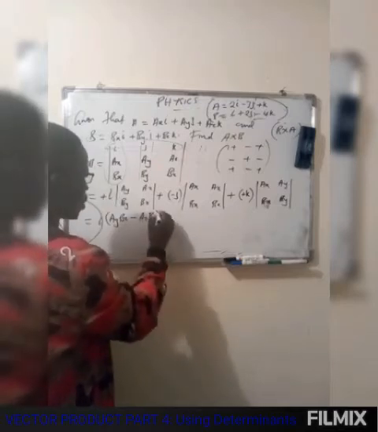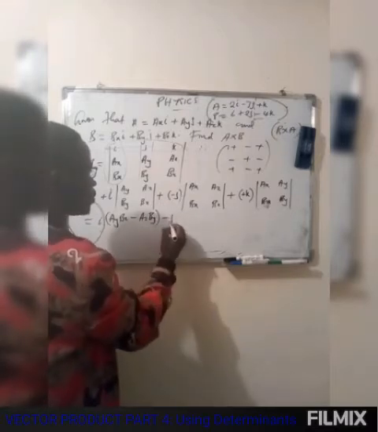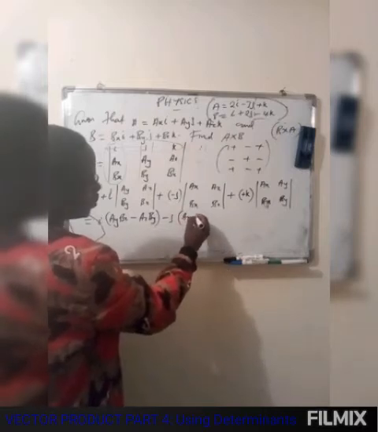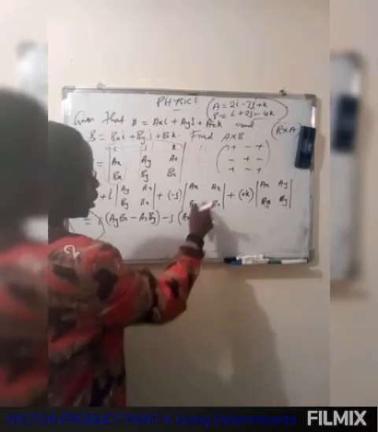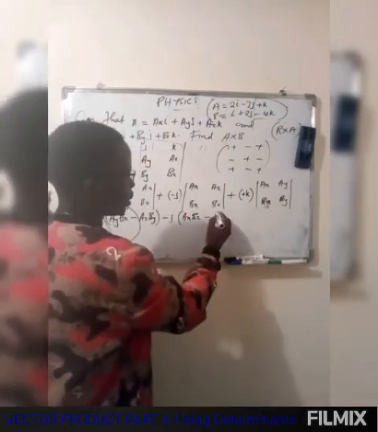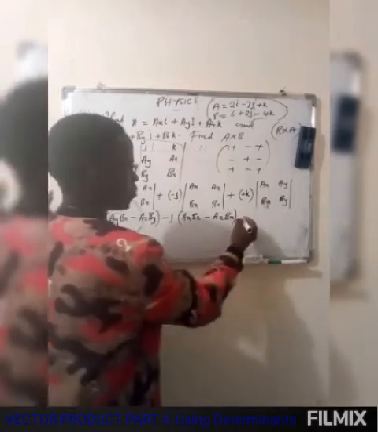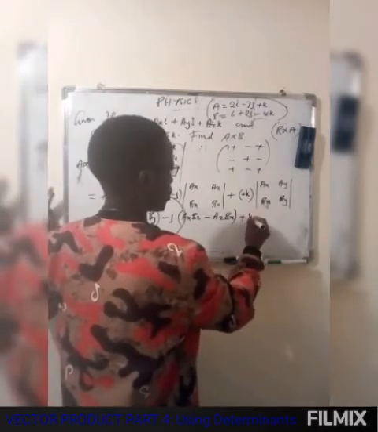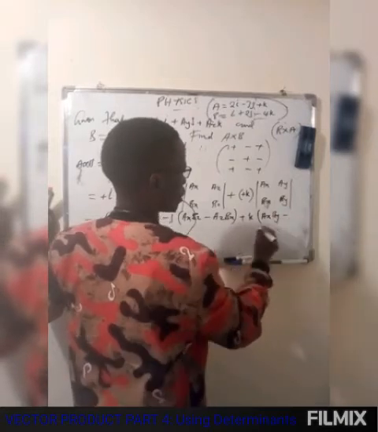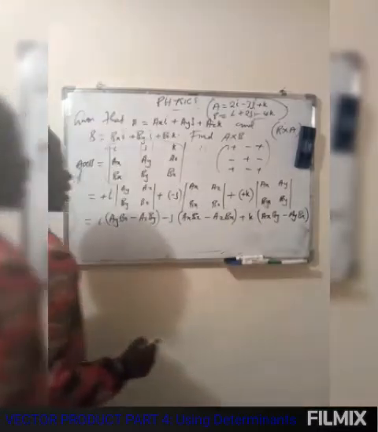And then here, positive and negative, that is going to be negative J times AX BZ minus AZ BX, and then plus K multiplied by AX BY minus AY BX. Like that.